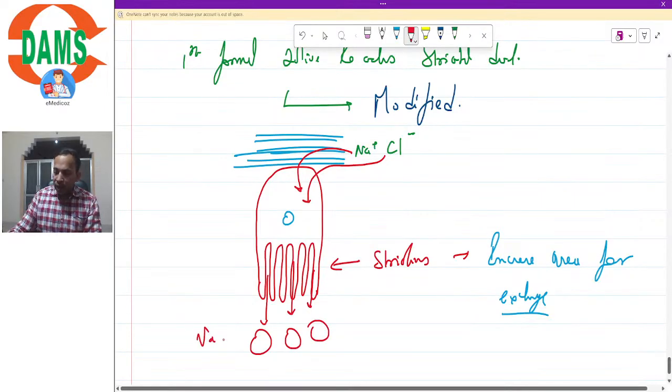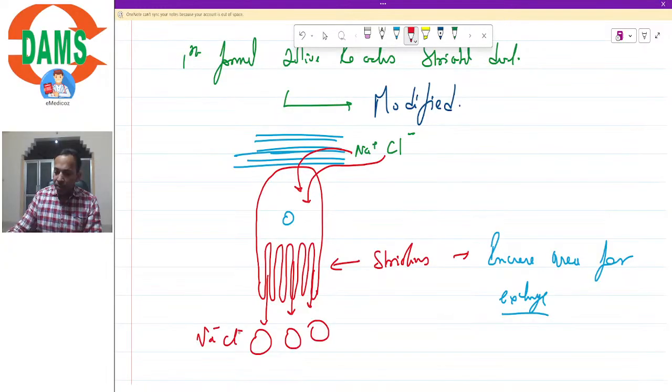So sodium and chloride are reabsorbed from the saliva and put back into the bloodstream, and the cells provide potassium and bicarbonate.